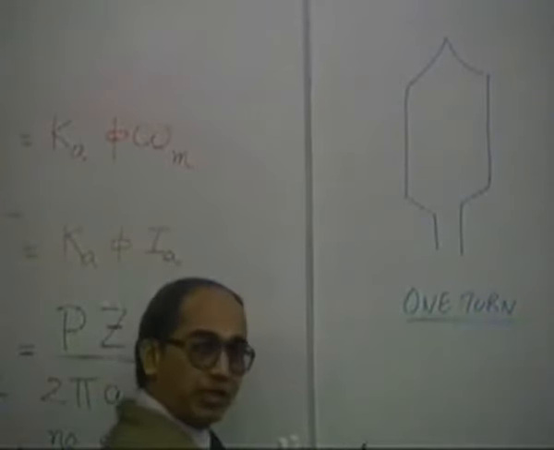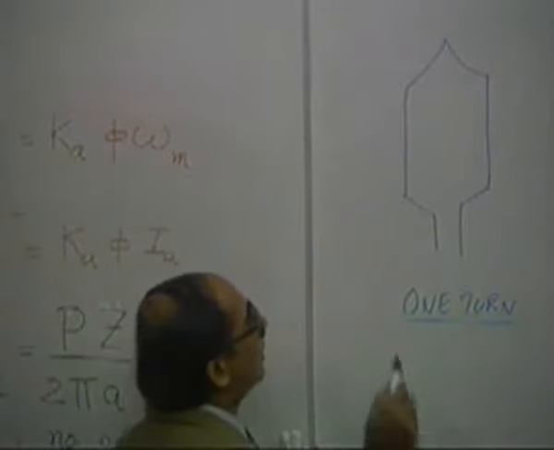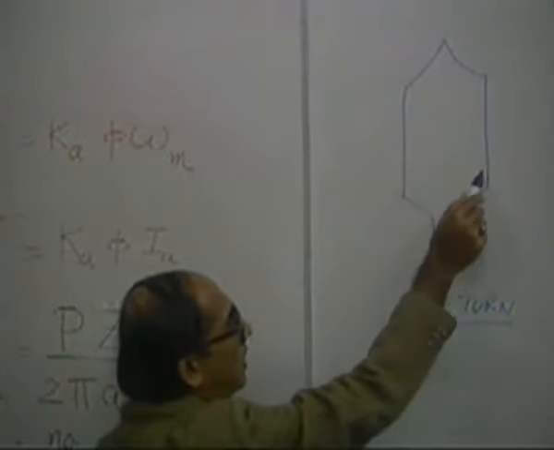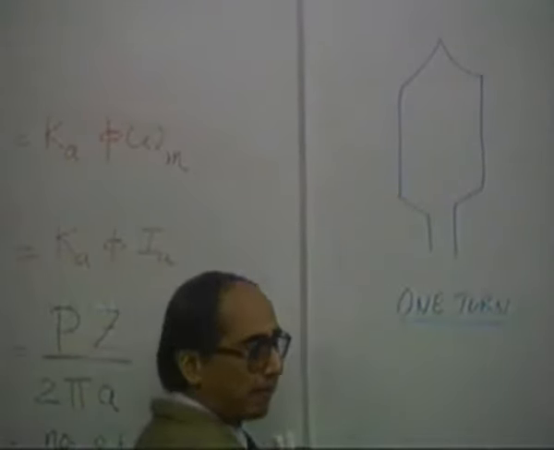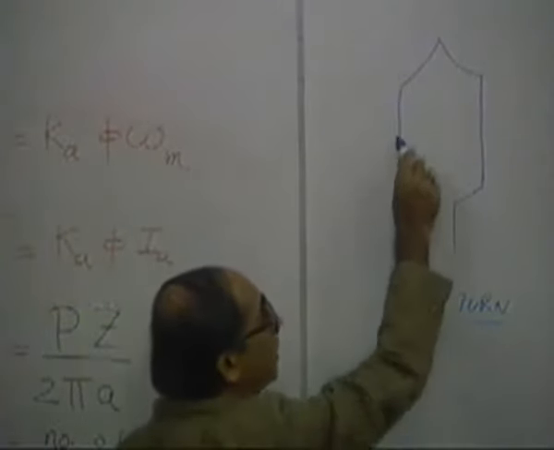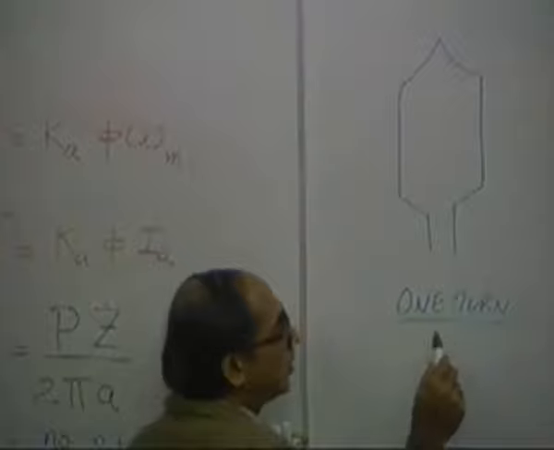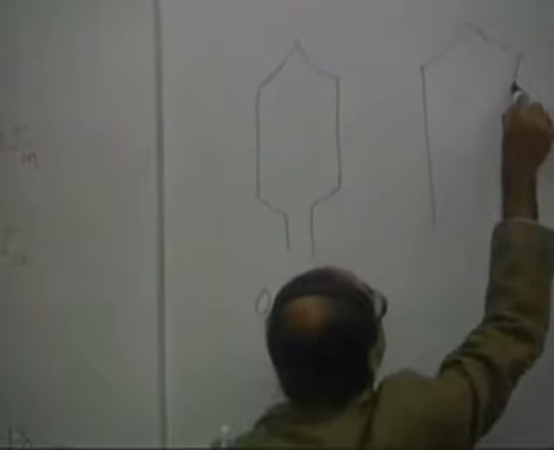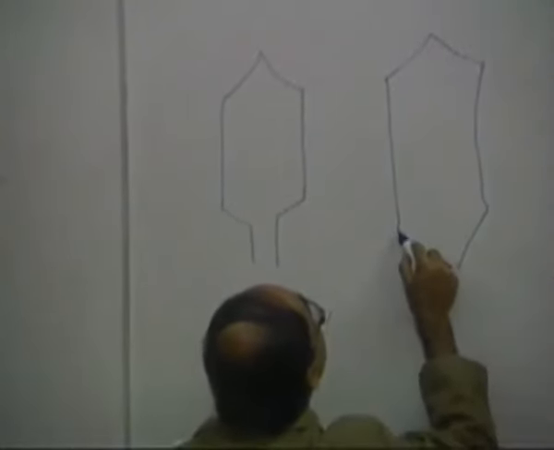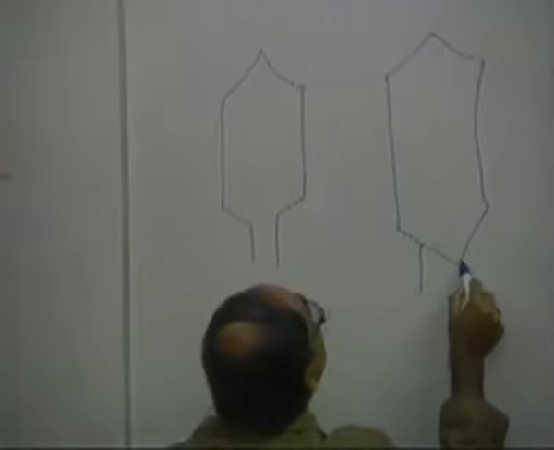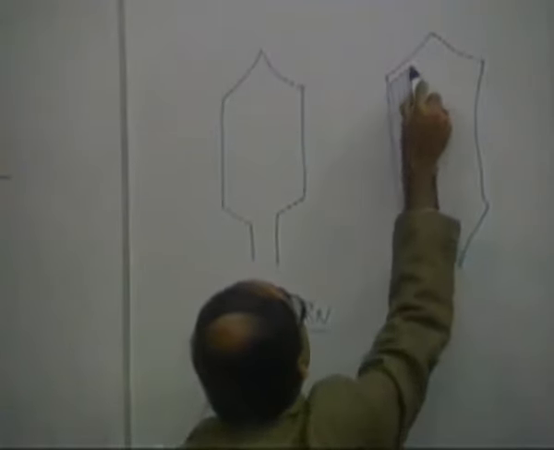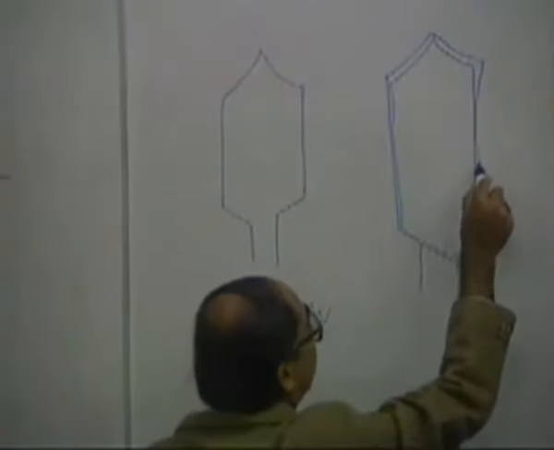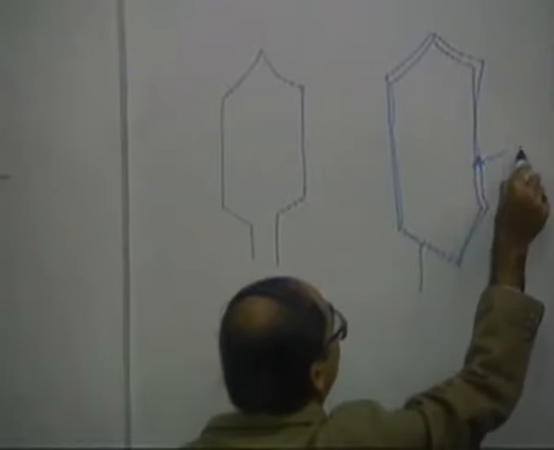It is important to know that one conductor will be under the influence of one pole, another under the influence of another pole. Now, you need not have one turn, you can have several turns. So, a combination of turns, you can build coils. Let us say there could be n turns.